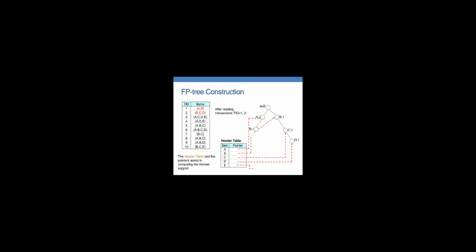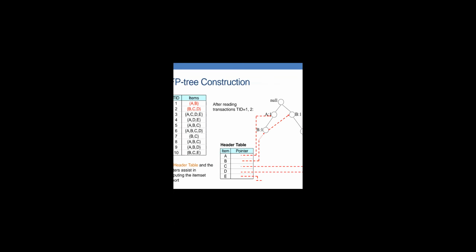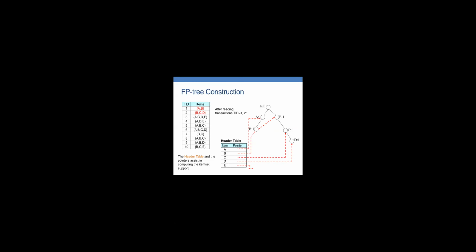So how can we write it? That is, ACD you have to represent. First you have to represent the transactions here. You know that for the header table you have to use the pointers. How can we represent the pointers? The header table has the items A, B to E and its pointers.